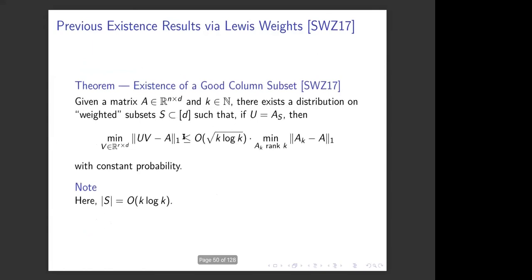This result tells us that there's a distribution on random subsets which gives an O of square root k log k approximation. But all we need from this is the fact that there exists a subset which gives an O of square root k log k approximation, right? Because it holds with constant probability, so one subset exists.